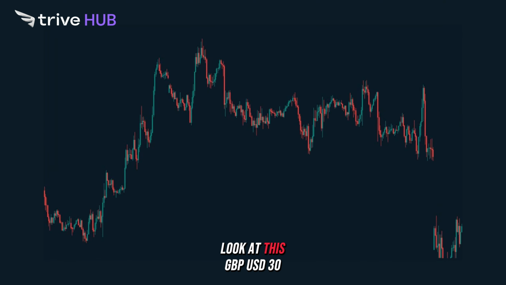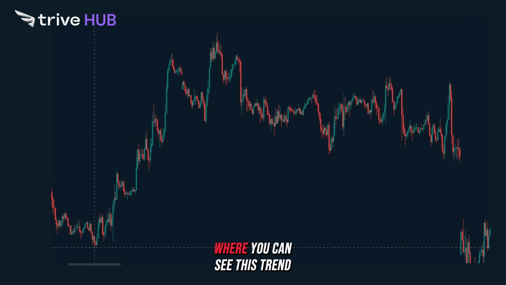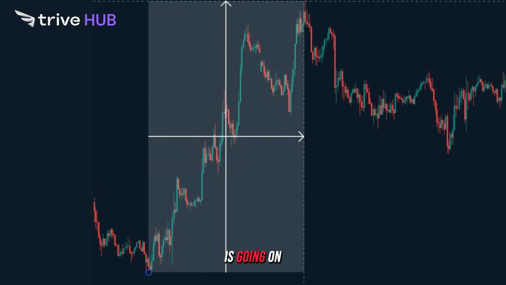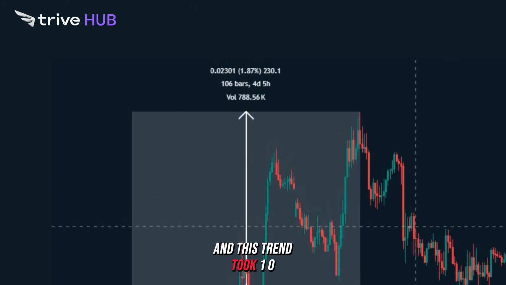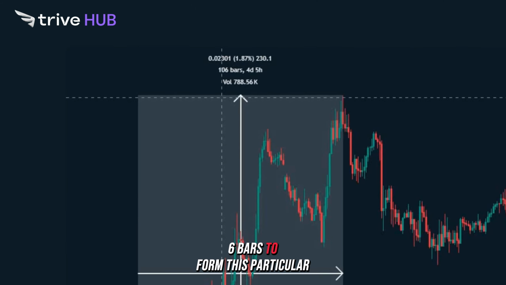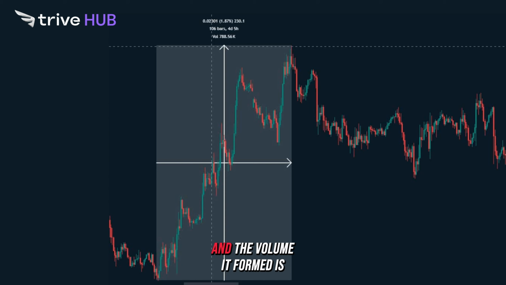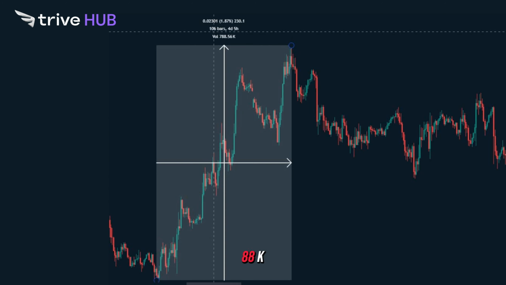Look at this GBP USD 30-minute chart where you can see this trend going on. This trend took 106 bars to form this particular uptrend, and the volume it formed is just 788k.